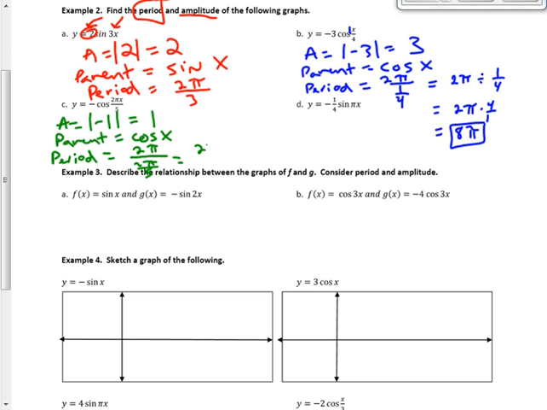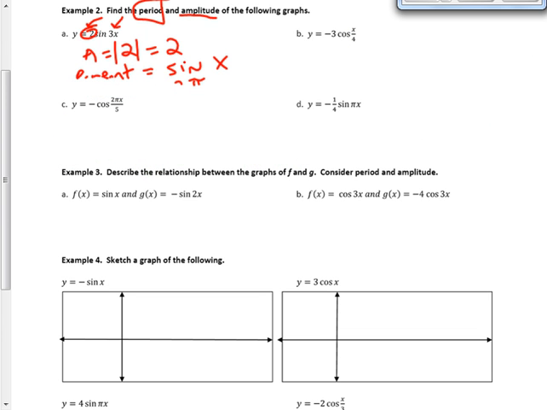So again, 2 pi divided by 2 pi over 5. I flip the second one over and change it to multiplying. So the 2 pi's are going to cancel, and I get a period of 5. So it happens in a period of 5. So it goes from 0 to 5.